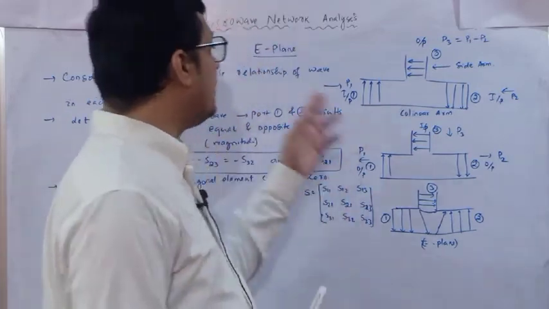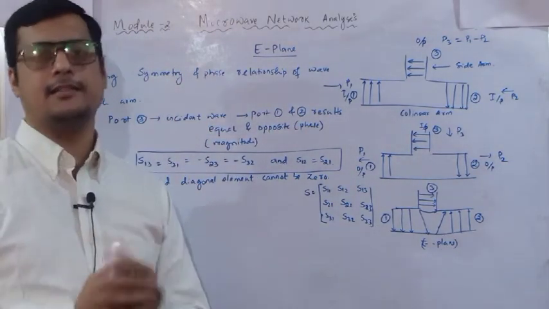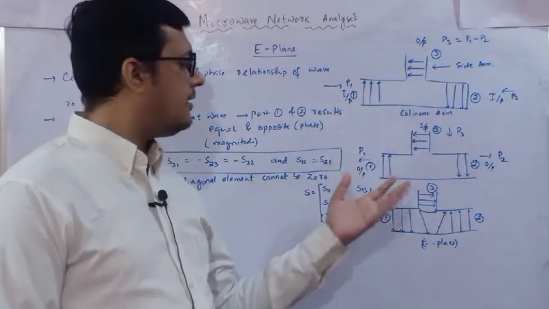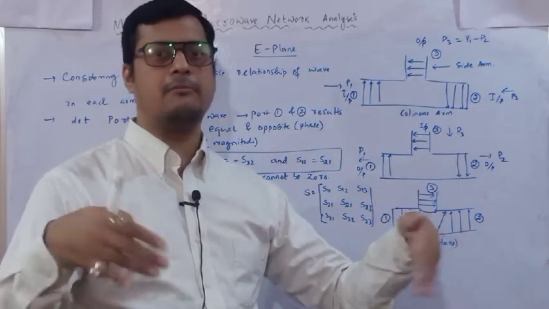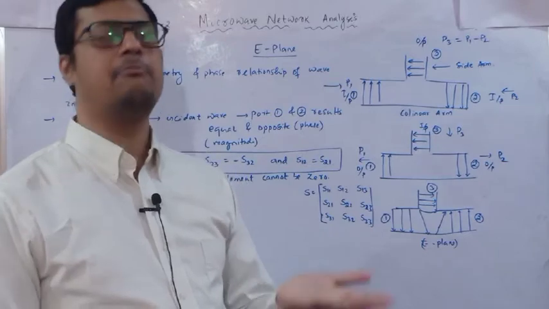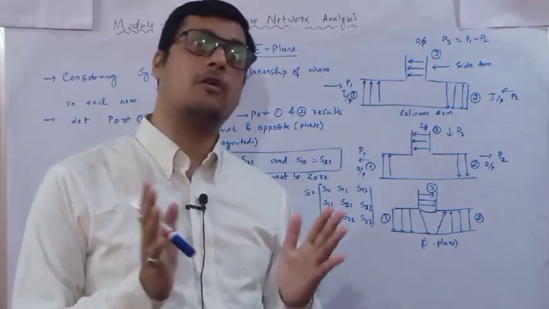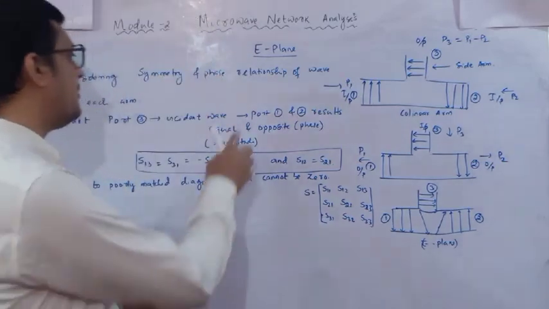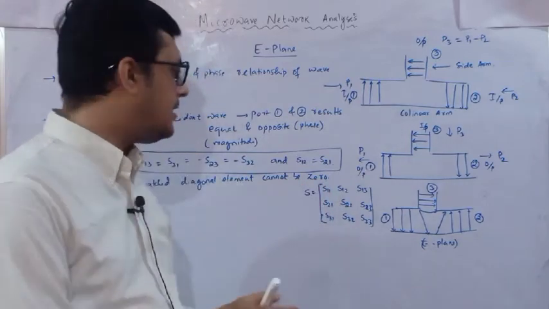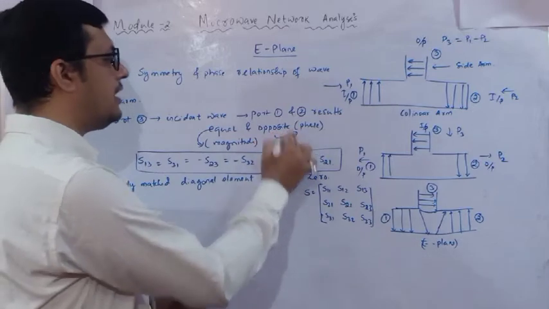The second consideration is, let port 3 be the incident port, meaning at port 3 we give the input power. Then at port 1 and port 2 the power will be distributed. The potential may or may not be the same. Let us consider the same potential is available but opposite in phase. So what I have written is that port 1 and port 2 resulting power are equal in magnitude but opposite in phase.